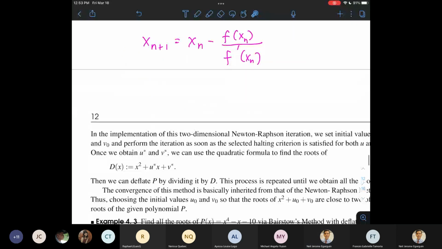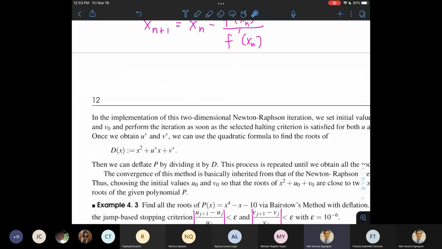Now, okay, kunwari natapos na. Meron kang U star at saka V star. So, ibig sabihin, yung D natin, which is defined this way, x squared plus U star x plus V star, okay, is close to a quadratic factor of the polynomial P. So therefore, to get our first two estimates for the roots, all we need to do is to apply the quadratic formula here.